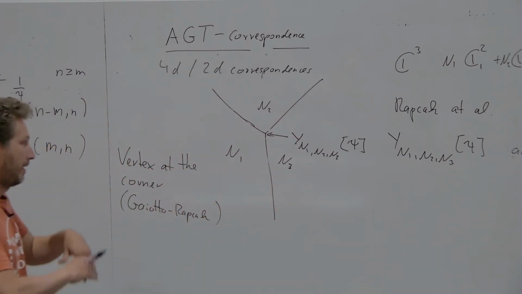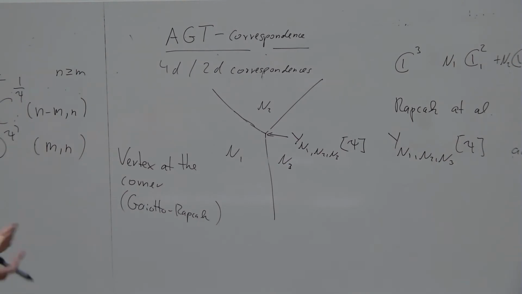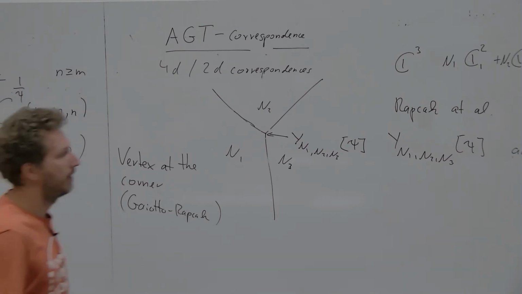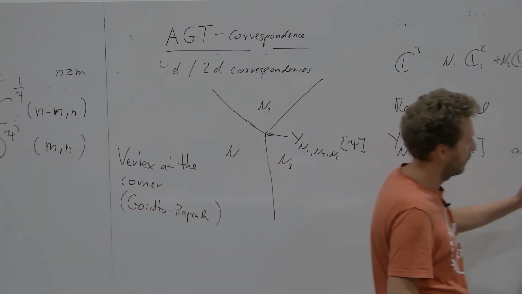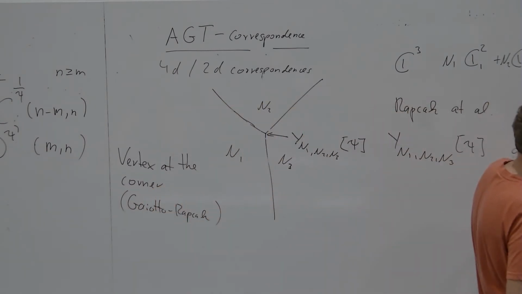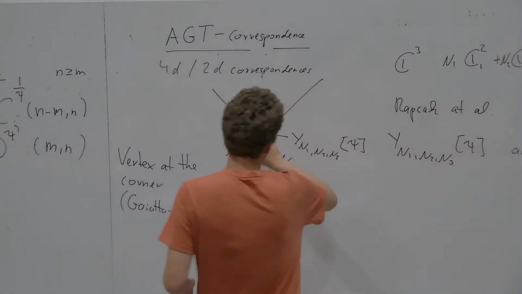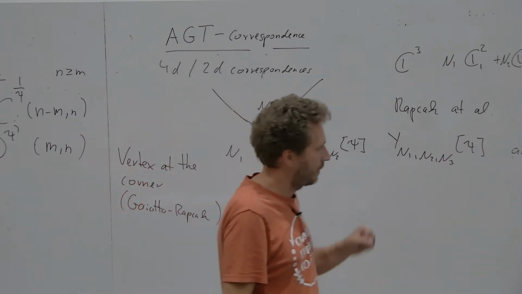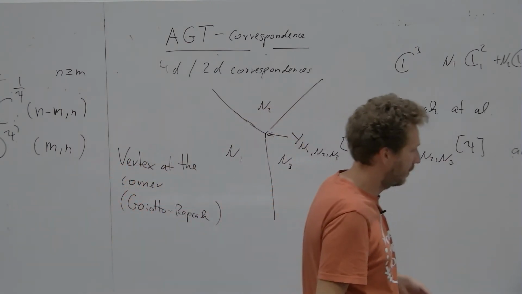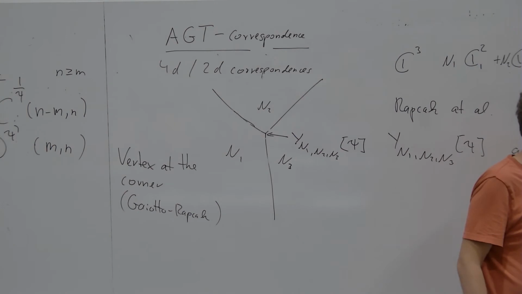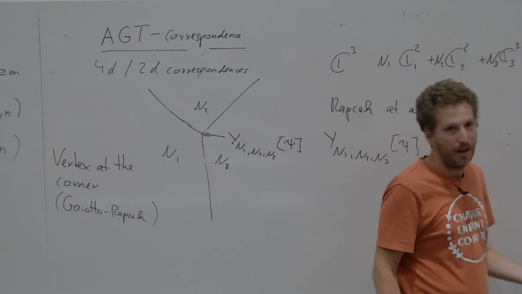Anyway, they have a few pages because it takes time to set all this up, and they have a dictionary of what corresponds to what. Then their conjecture was that the algebra at the corner of these interfaces does not depend on how you look at it, so it doesn't depend on S3.